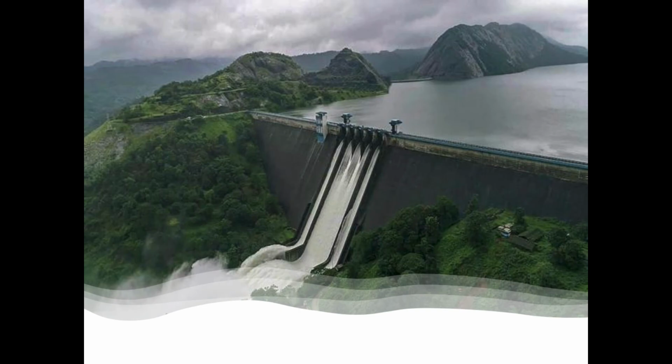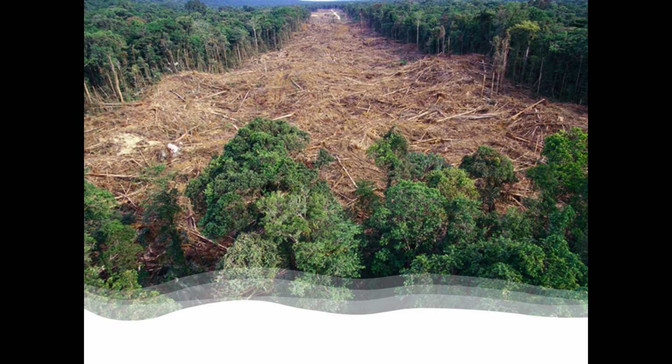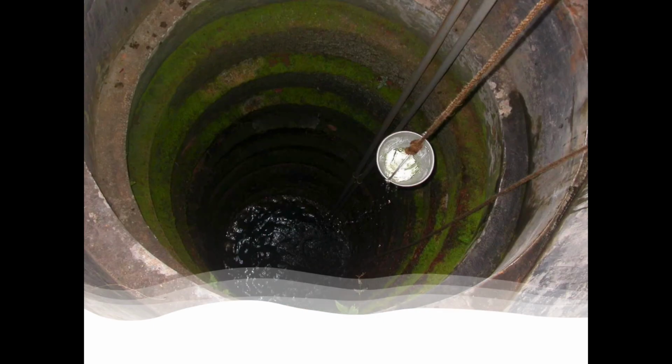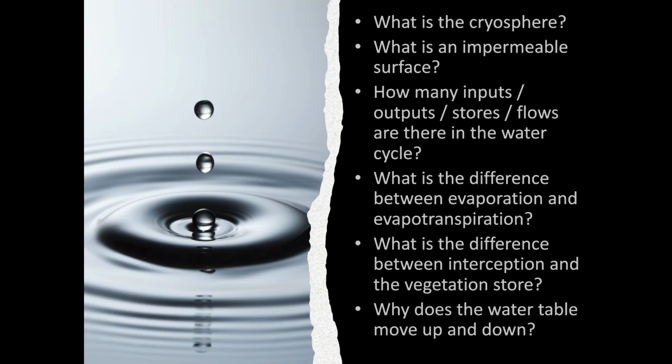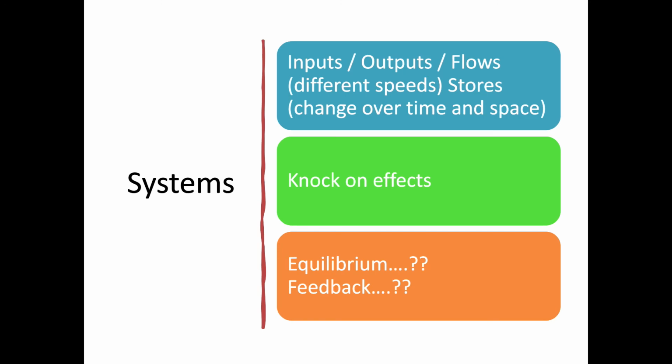If you build a dam, you change the surface store, which will affect other things. If you cut the trees down, you lose your interception vegetation store. So we have some examples of that, but it might be sensible in your module booklet to jot a couple of examples down, make that obvious.